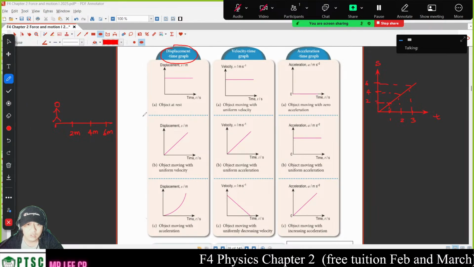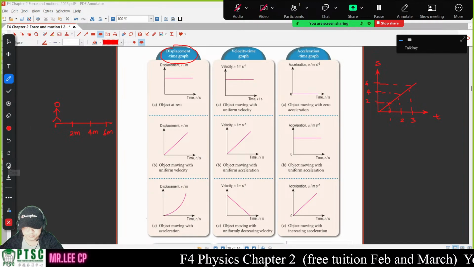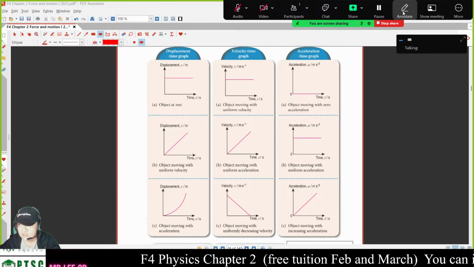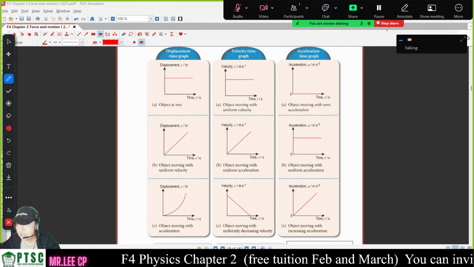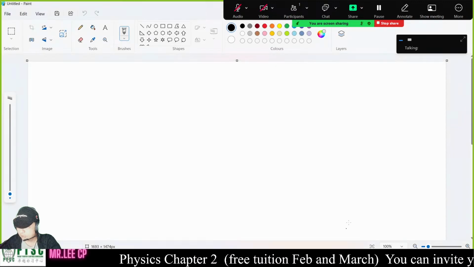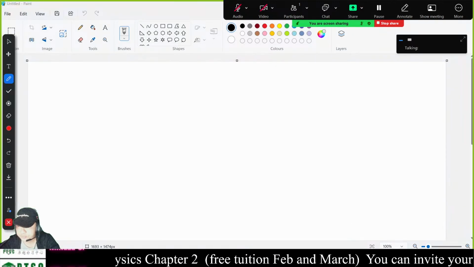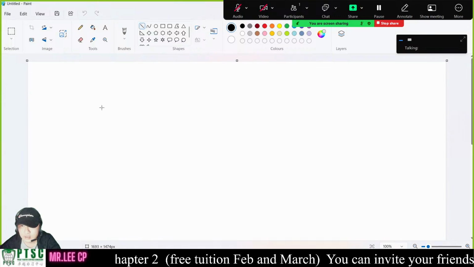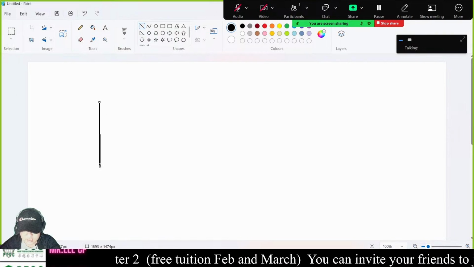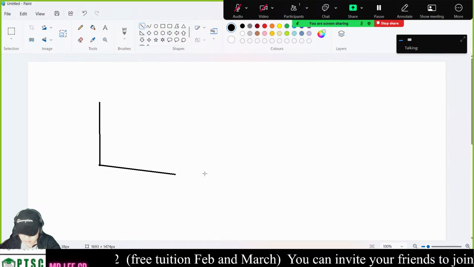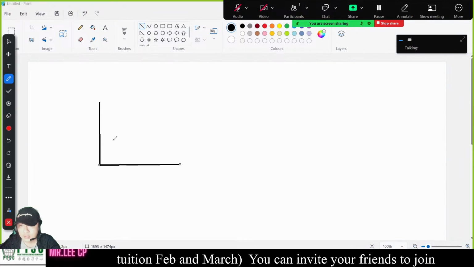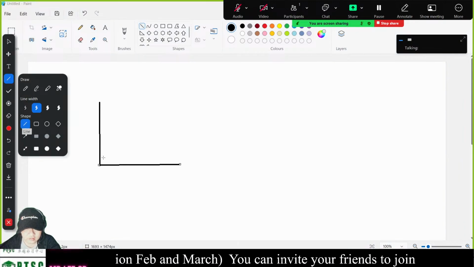So normally I am going to turn the graph this way, like this. So this is the ST graph, let's say. Okay, now I am having this kind of graph, let's say.